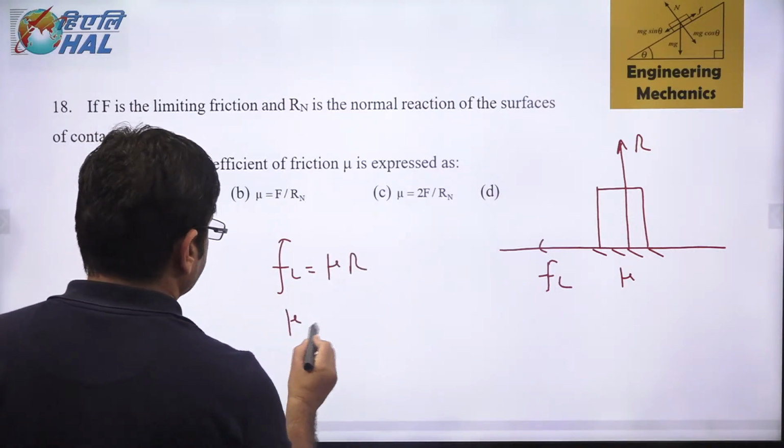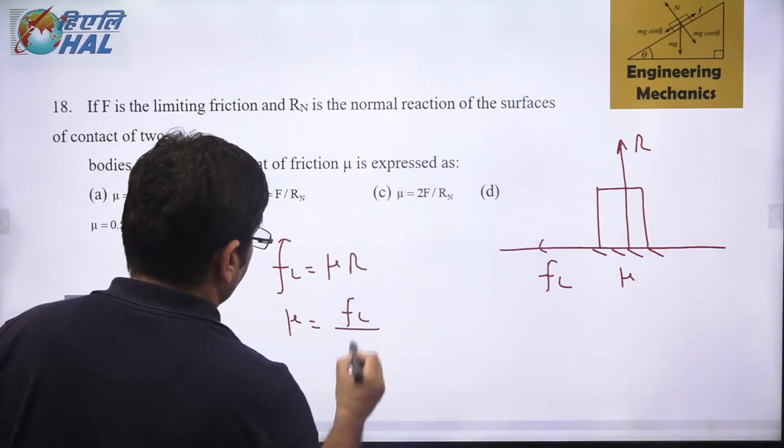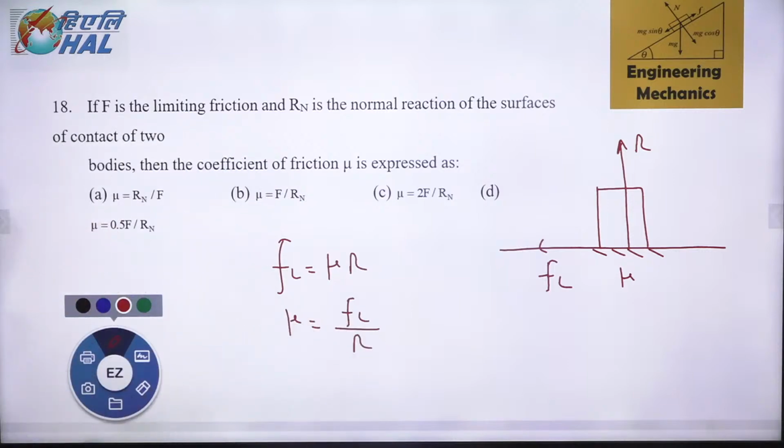So the coefficient of friction is FL over R. You are already aware of this. So F over Rn is the coefficient of limiting friction. That is known to us. This is a very simple question. Let's go for the next question now.